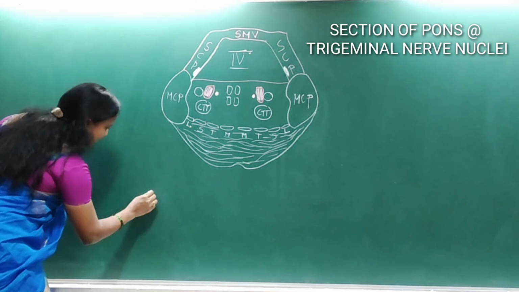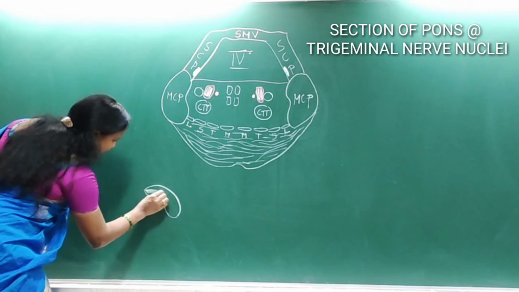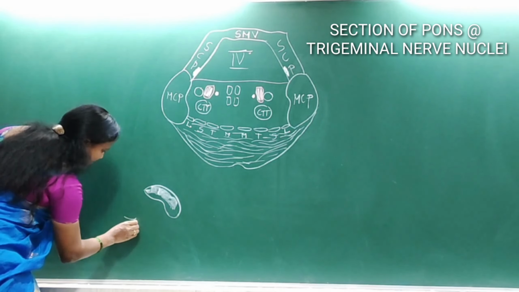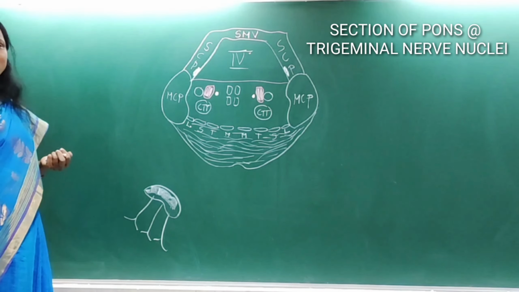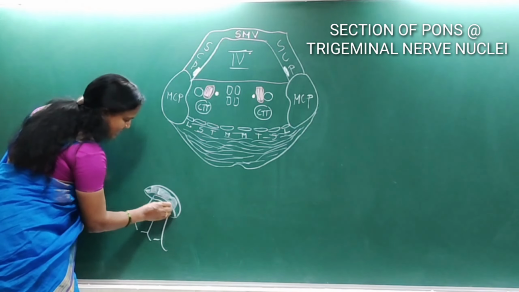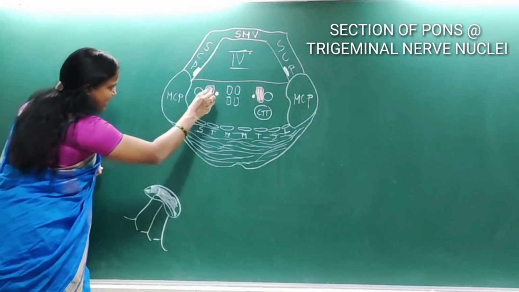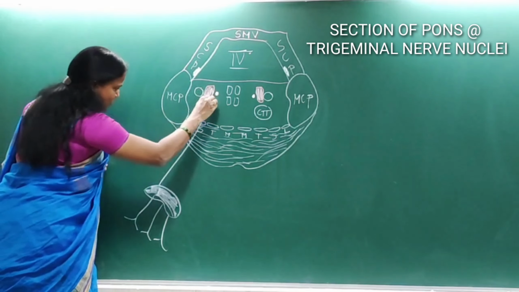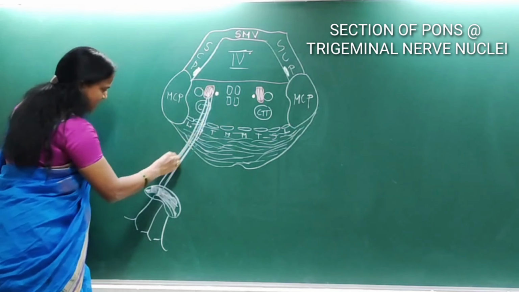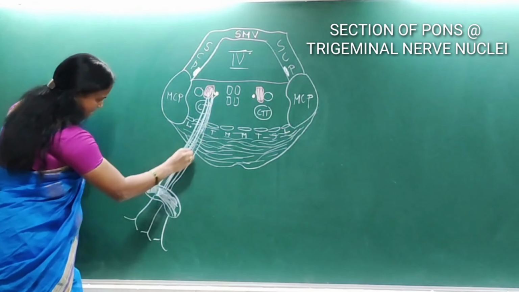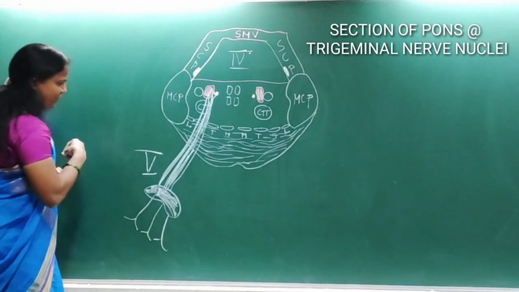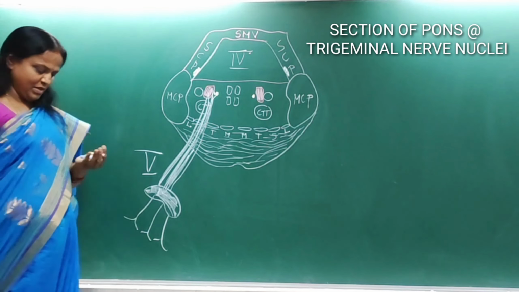The trigeminal nerve has three components: the ophthalmic, maxillary and mandibular nerves, and this is representing the trigeminal ganglion. These are the fibers of the trigeminal nerve, which is the fifth cranial nerve.